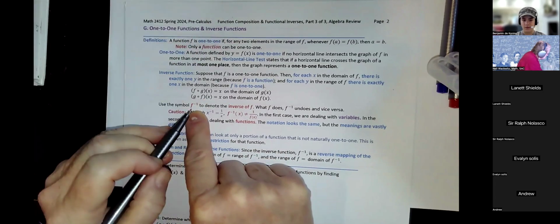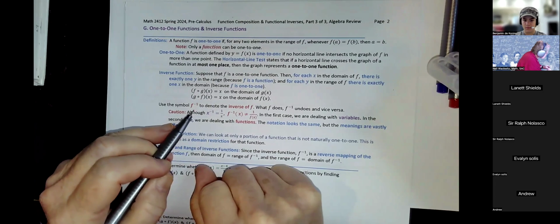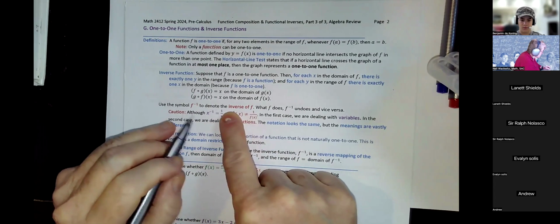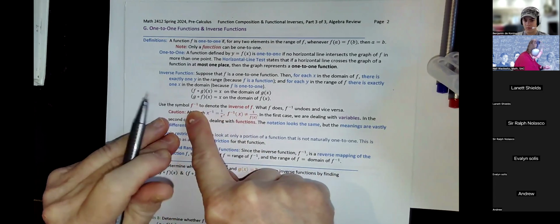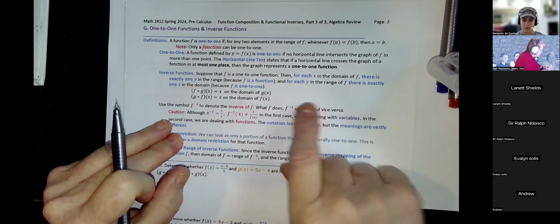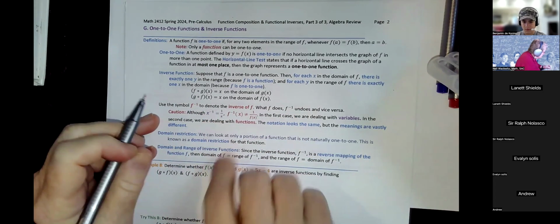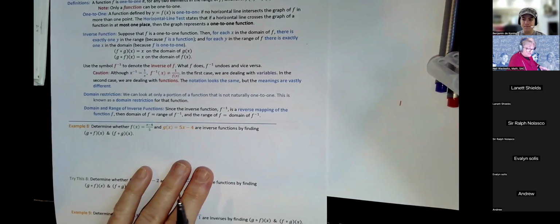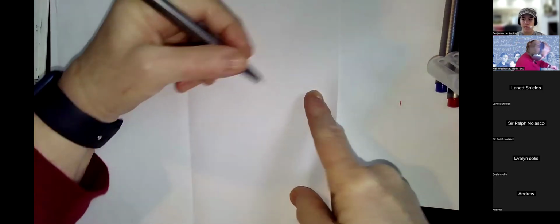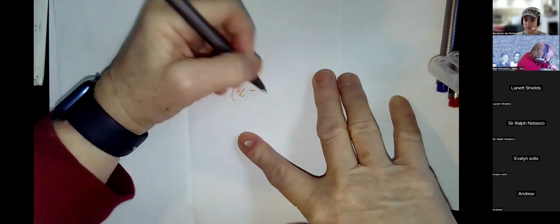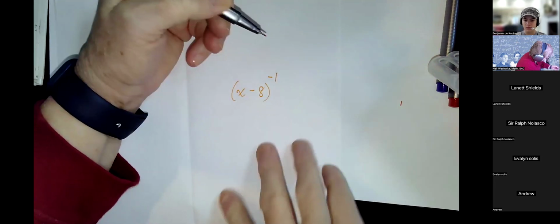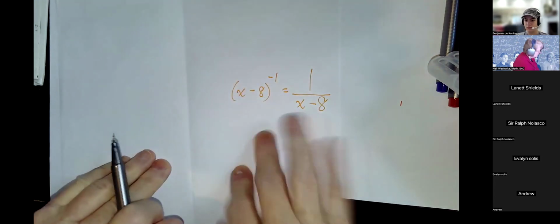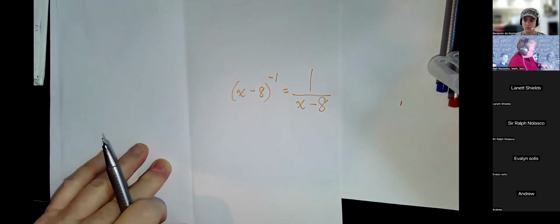So this little symbol, this looks like an exponent of -1. This is not an exponent. This is a symbol that we read as the inverse of f, or f inverse. So with numbers, if we had x minus 8 to the -1, that would mean 1 over x minus 8, because a negative exponent means a fraction.